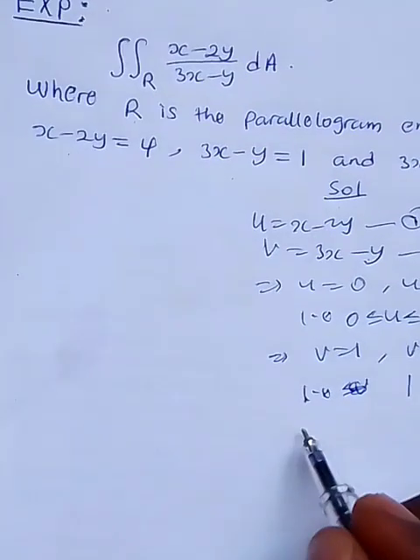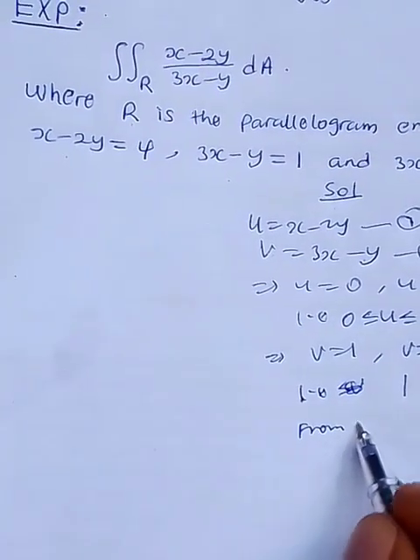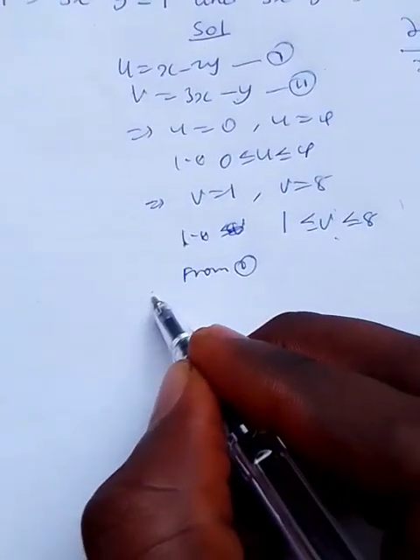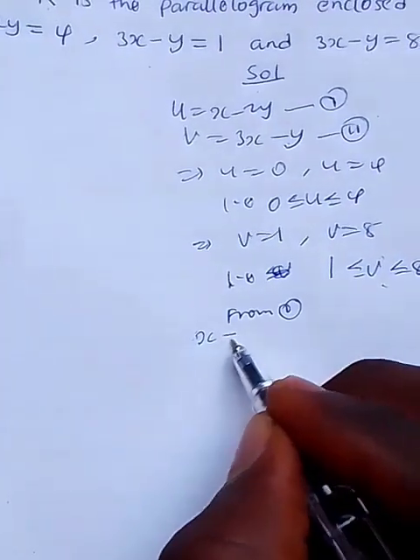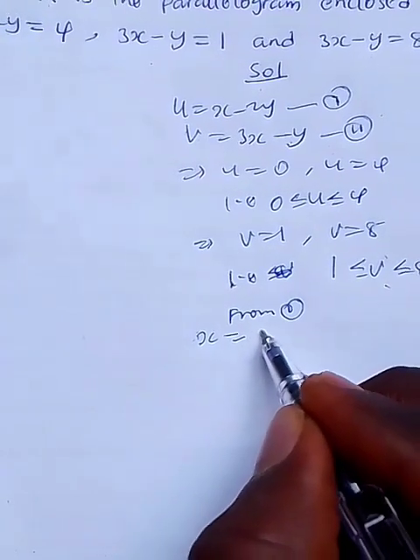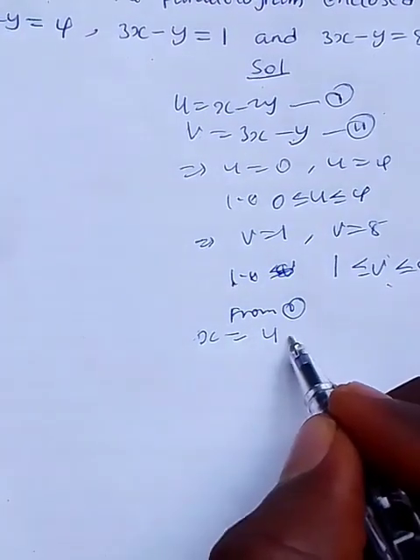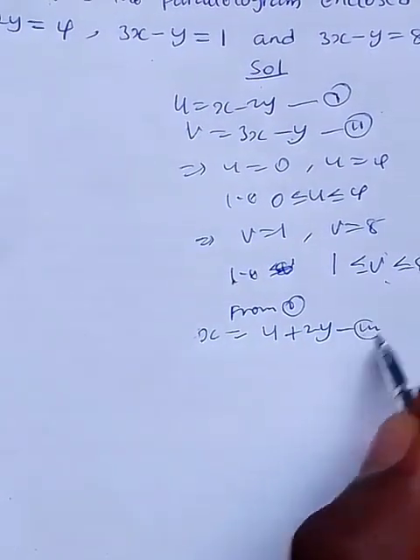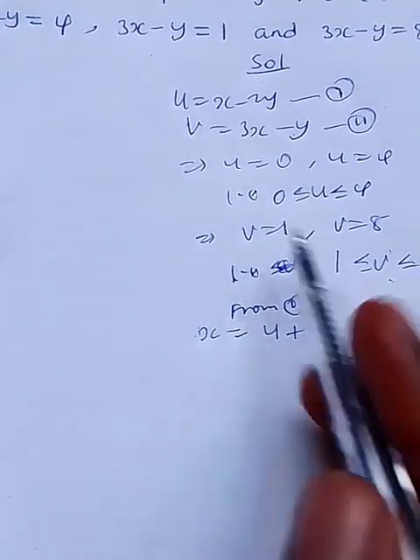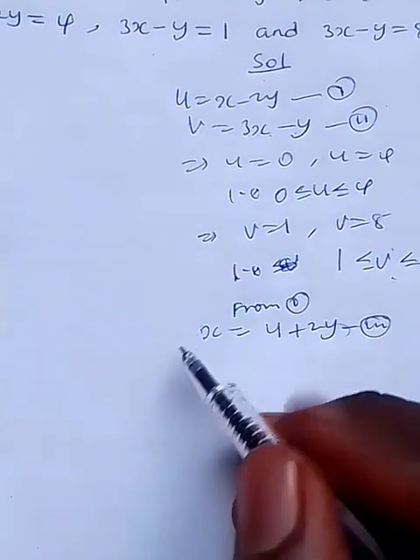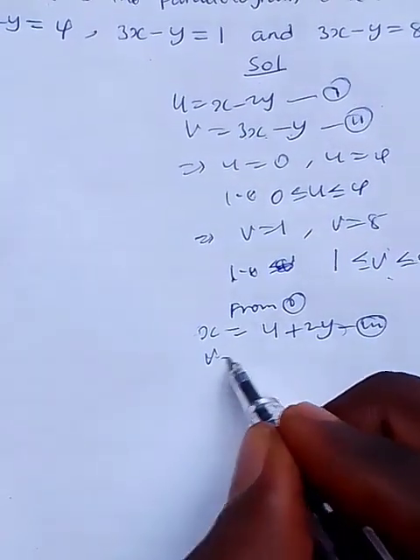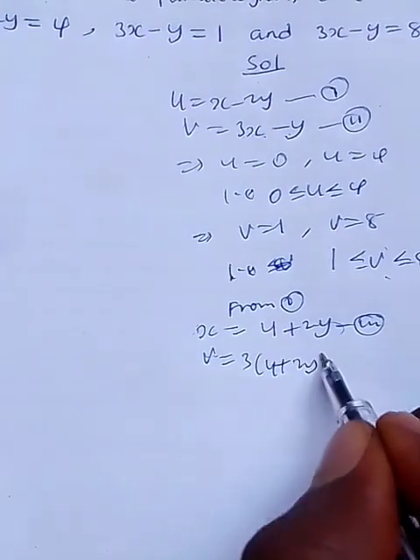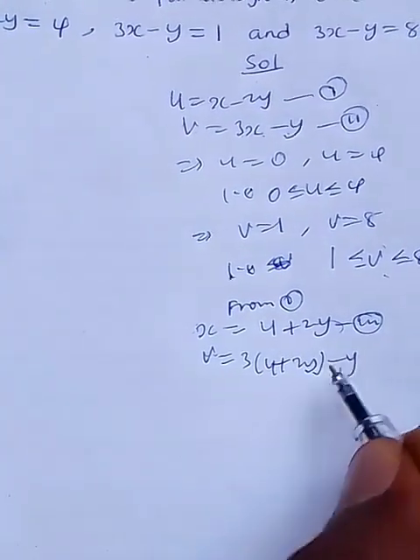So from 1, we can make x the subject of the formula, in which we can write x equals u plus 2y. Let's call this equation 3. Substituting this value into equation 2, we obtain v equals 3 times u plus 2y, minus y.